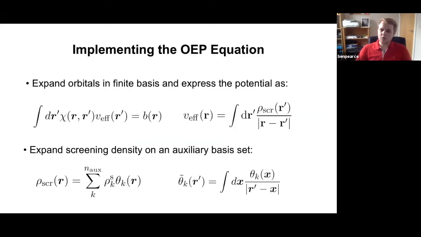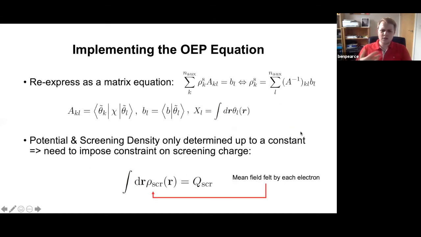So how can we actually go about implementing the OEP equation in a sort of naive way? Well, we can expand our orbitals in a finite basis set, and we can express the effective potential in the following way. Following the work from Andy Gilling and his collaborators, we express the effective potential in the following form in terms of a screening density, which can then be expanded using an auxiliary basis set, which takes the following form.